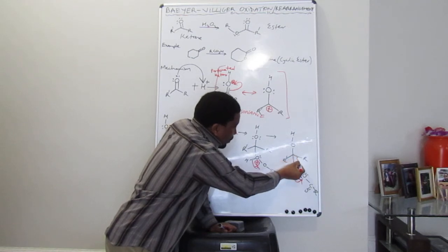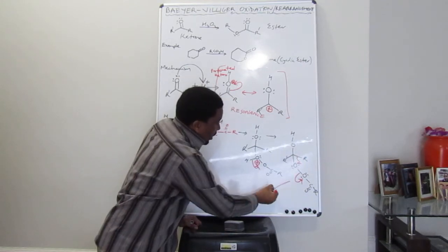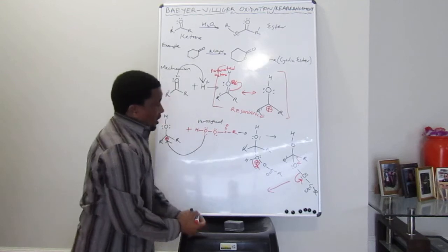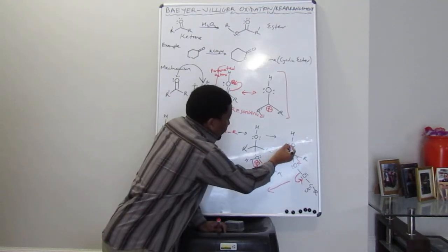Immediately there's going to be a shift there. There's going to be a rearrangement there of the R group to the next oxygen atom. Then eventually, what am I going to be left with here?